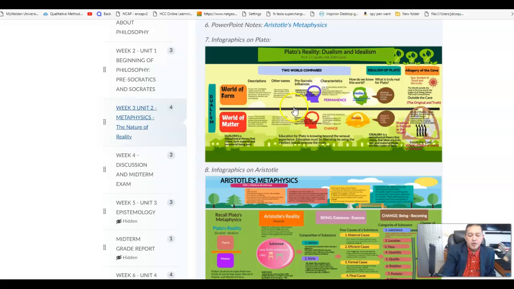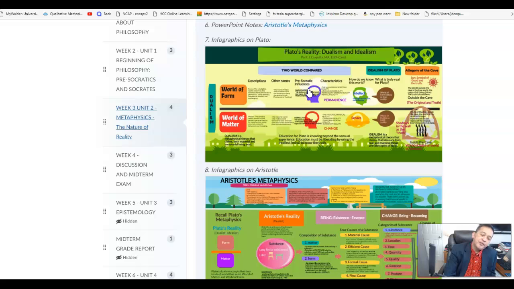Now, for the world of form, he used Parmenides. Parmenides from the Pre-Socratics argued that the only real is being, that which doesn't change, the constant reality, the permanence. Okay, there is no change in this idea of Parmenides. Change is just an illusion. Everything is permanent.